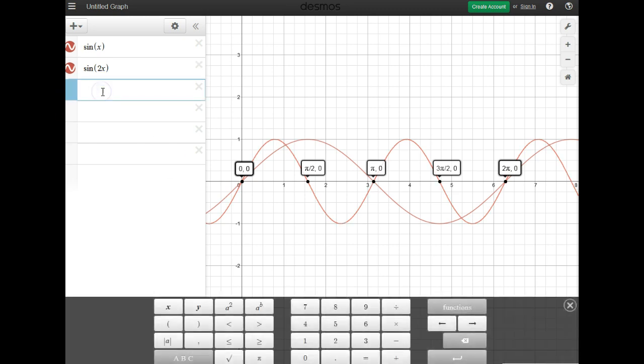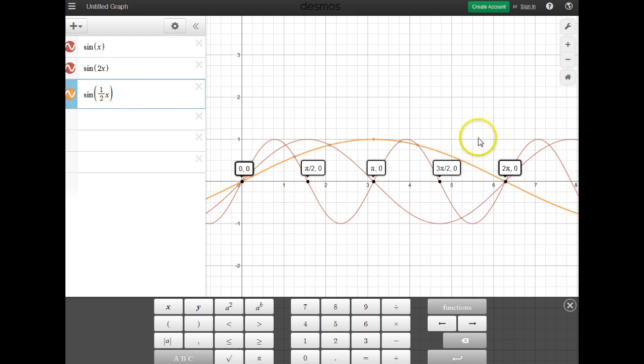If we graph, for instance, sine, now I'm going to do 1/2 of x. That actually seems to stretch the graph out horizontally, whereas sine of 2x shrinks the graph.